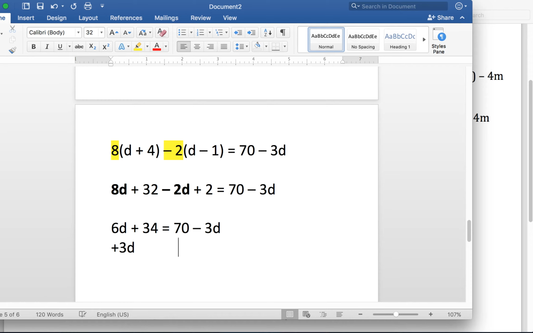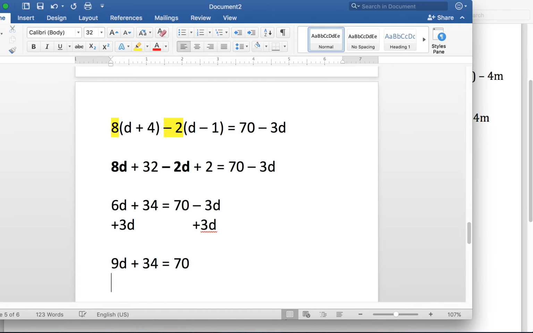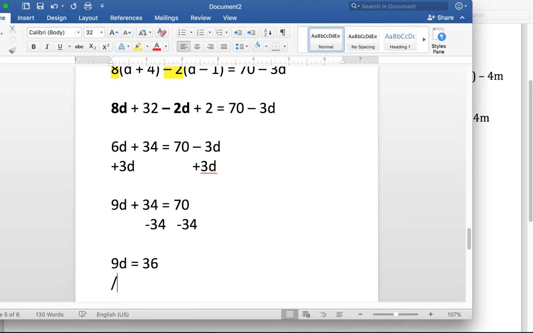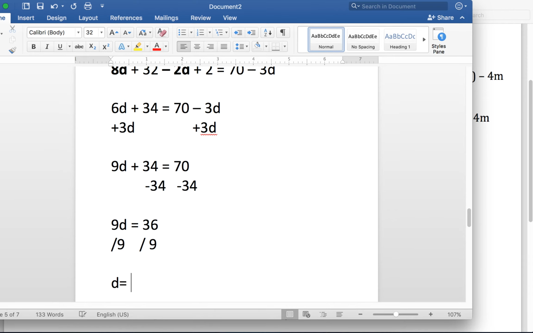So we'll add 3d to both sides to cancel out the minus 3d. We get 9d plus 34 is 70. Then let's subtract 34 from both sides to get 9d equals 36. Divide by 9. Comes out to a nice whole number. D equals 4.